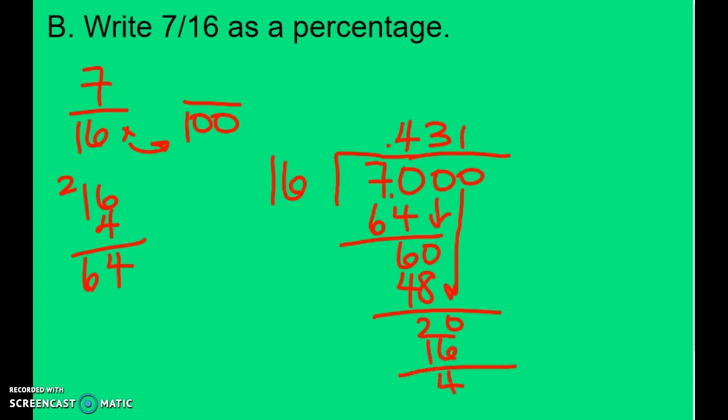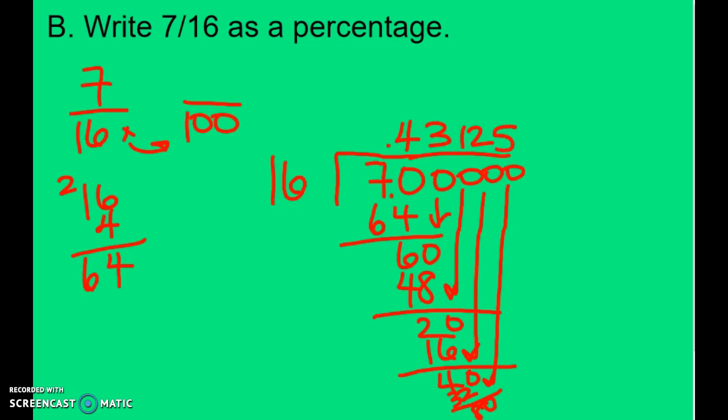This probably wasn't a great example. It's going to keep going and going and going. Add a 0, bring it down. 16 goes into 80 2 times... Here we go. 32 with 8 left over. Bring down 1 more 0. And then 16 goes into 80 exactly 5 times.